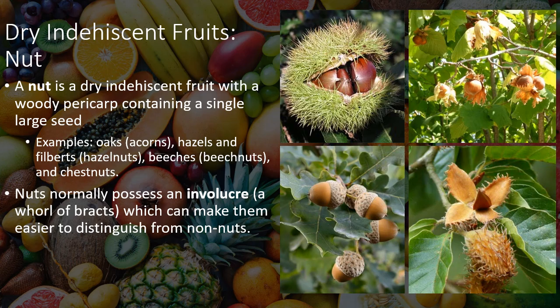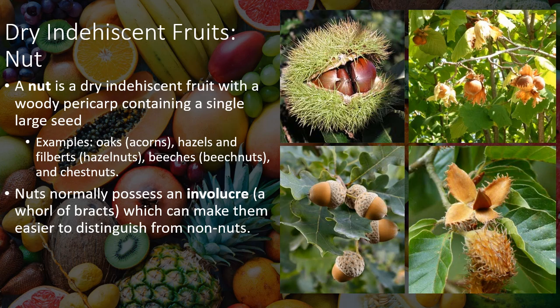You can see that hazelnuts in the top right corner also have a papery little hat on them. The chestnut, which has the spiky involucre in the top left corner, also has an involucre. We can see that there are three nuts inside, so we could say that a chestnut produces an aggregate of nuts. And then in the bottom right-hand corner, we have beech nuts.